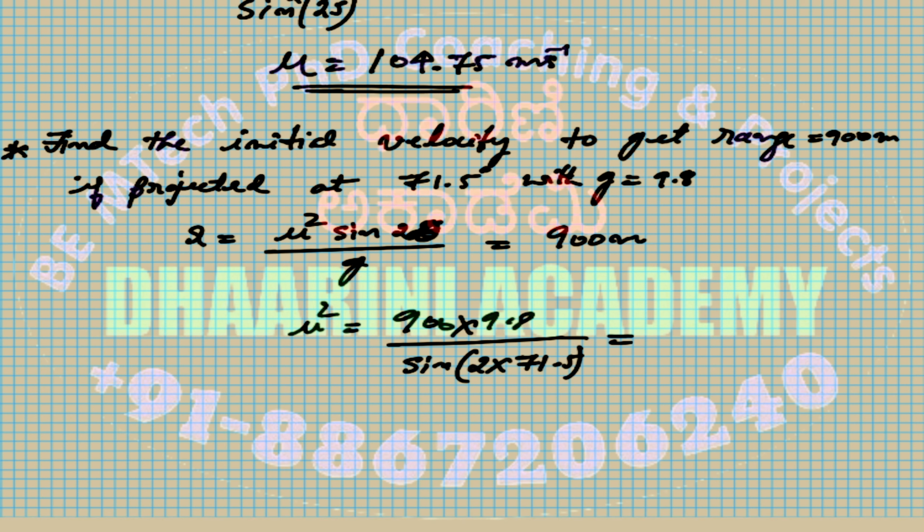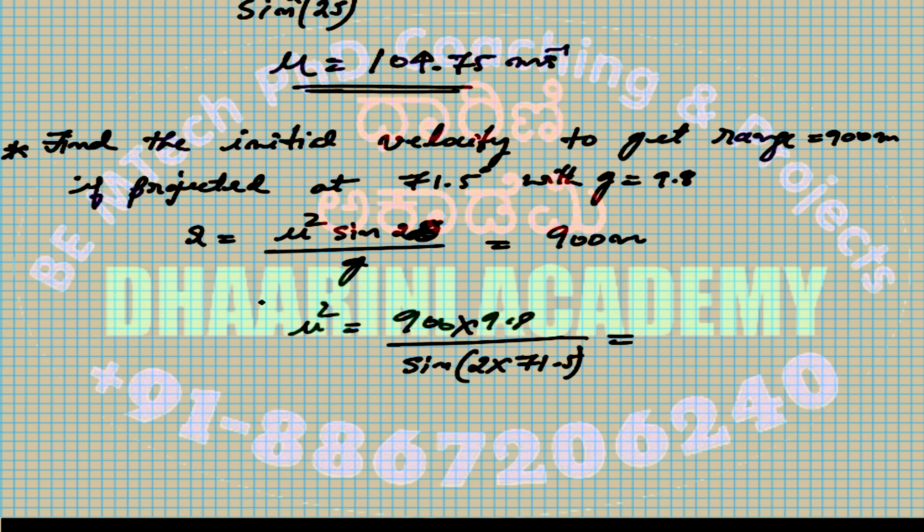Okay, so 900 into 9.8 divided by sine of 2 into 71.5. So u square is 14,655.67. So that means u should be 121.06 meter per second.